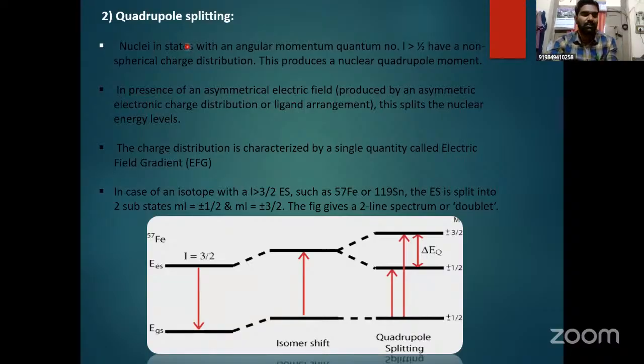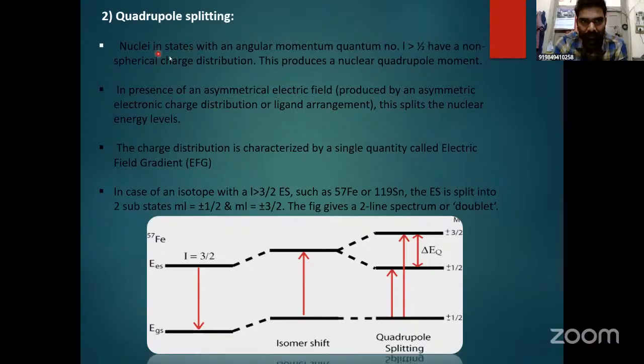This is the quadrupole splitting. You can observe here, nuclei in states with an angular momentum quantum number I greater than half have a non-spherical charge distribution. This produces a nuclear quadrupole moment.